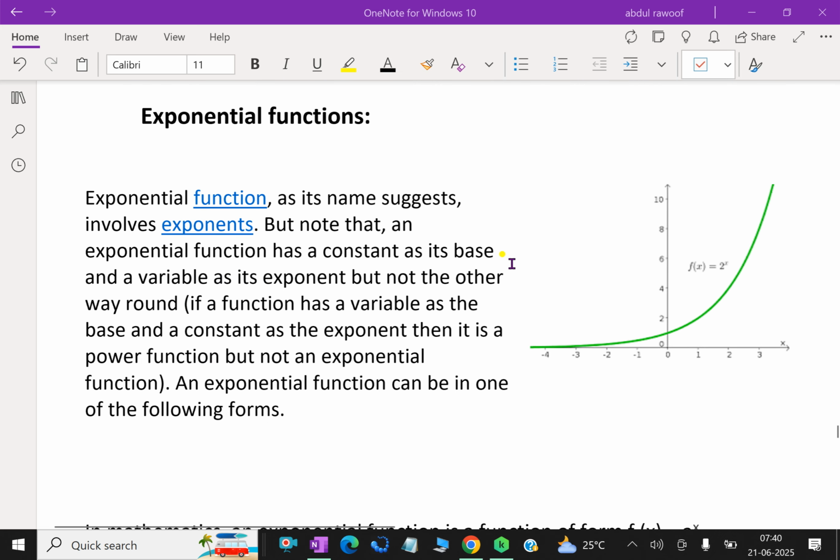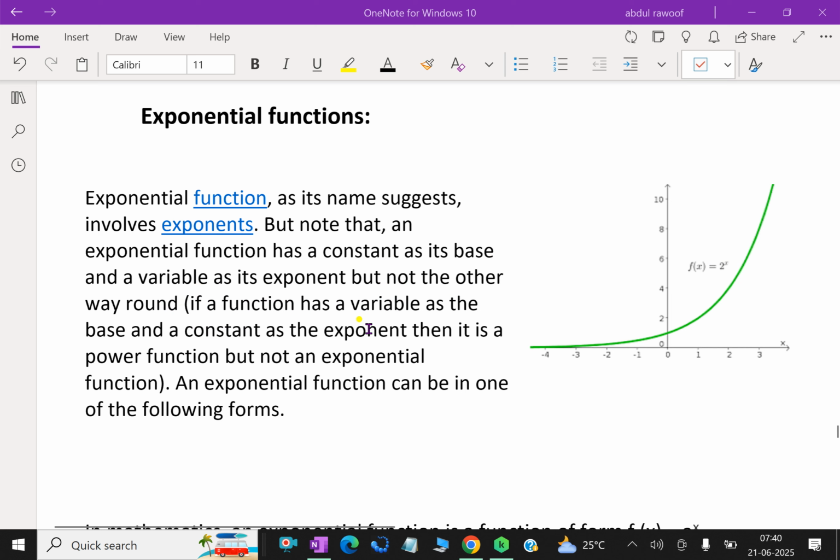Look here. This is the graph of the exponential function f of x equal to 2 power x. An exponential function, as its name suggests, involves exponents, that is, powers. But note that an exponential function has a constant as its base and a variable as its exponent. Here, the variable x is the power and 2 is the base, but not the other way around.